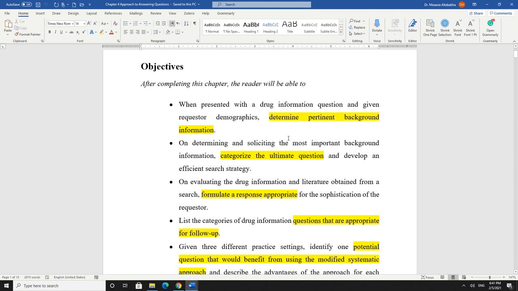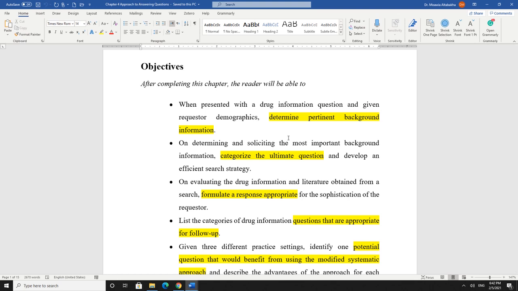Also, once you are able to determine the ultimate question, and you can determine the ultimate question if you get good background information about the requester, you should be able to categorize the question.